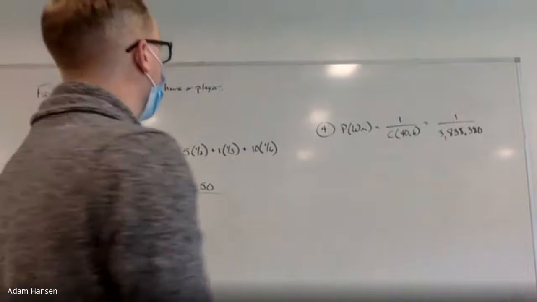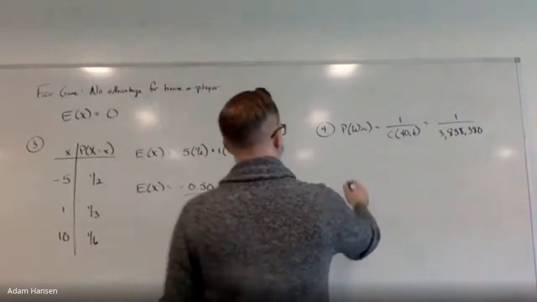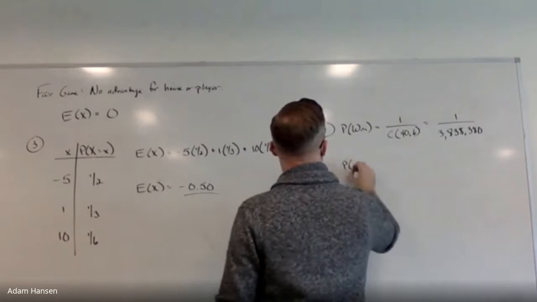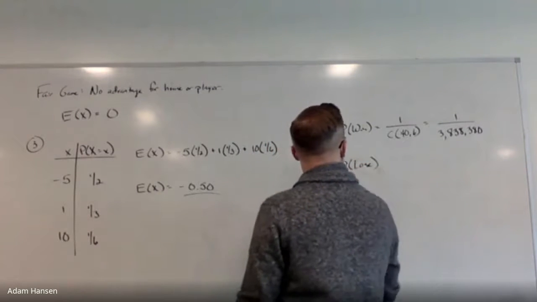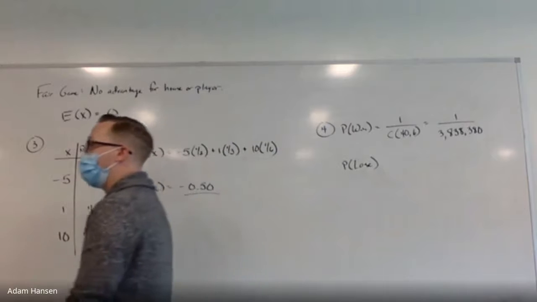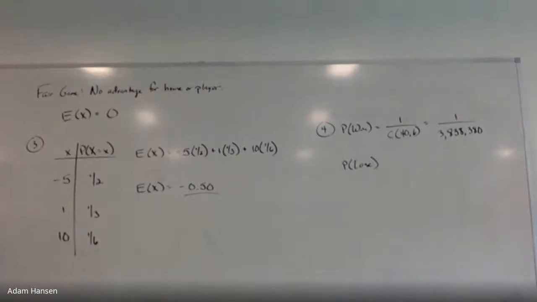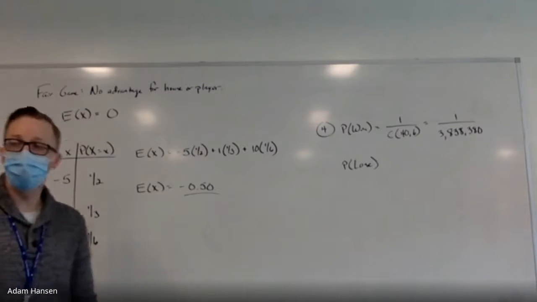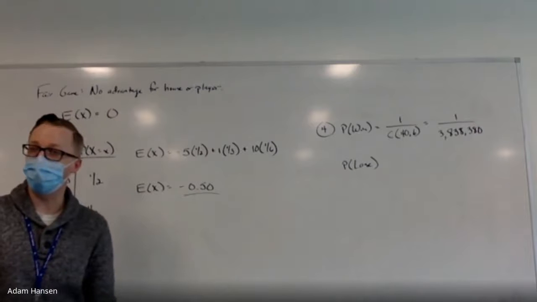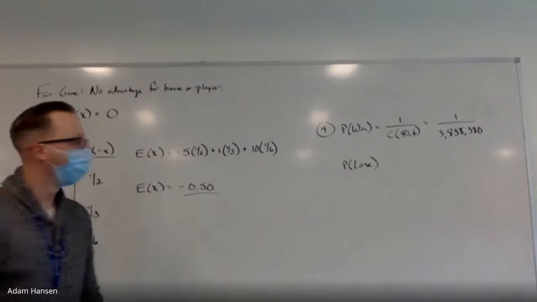Okay. Now on part B, if you don't win, then you lose. So what's the probability that I would have lost this lottery? If there's one winning combination, aren't all the other combinations losers? Yeah.